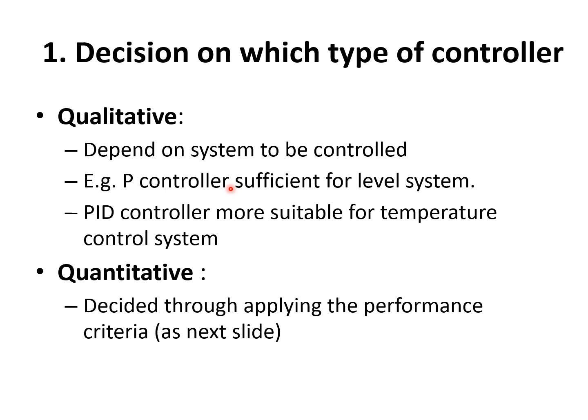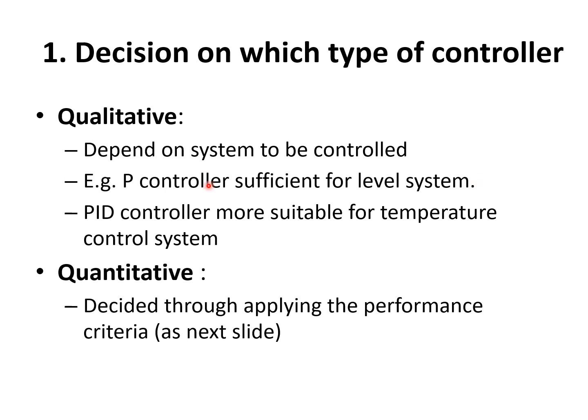It is something that we don't want for flow and temperature, which are quite sensitive to offset. It is important not to have offset, but for level it may not be so critical. So a P controller will be sufficient most of the time for a level system, with slight offset not mattering too much. 0.1 meter, 0.01 meter, maybe a slight offset there may not affect the system so much most of the time. So we can still use a P controller for level systems, but not for other systems maybe.